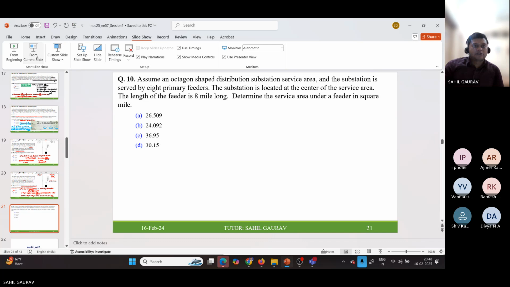I discussed the octagonal shaped distribution service area in the slide also, meaning how you can find it for octagonal. Ganguly sir has discussed it for square and hexagonal substation service areas. Similarly, you can find it for an octagonal shaped substation service area.